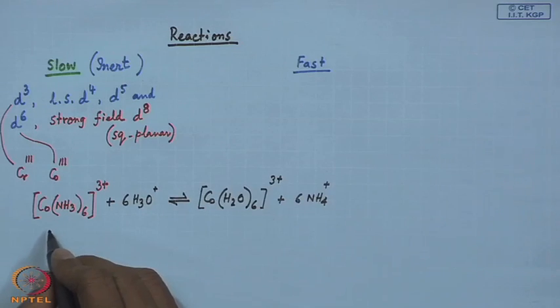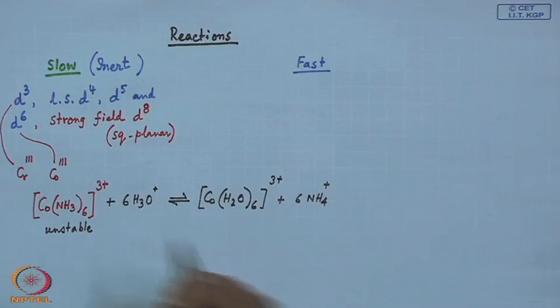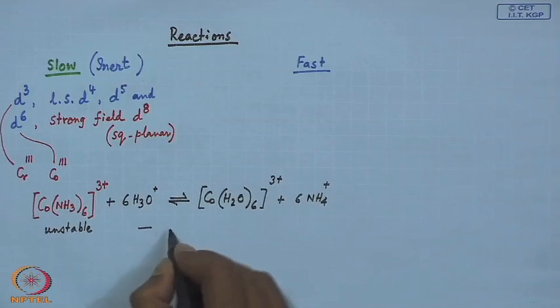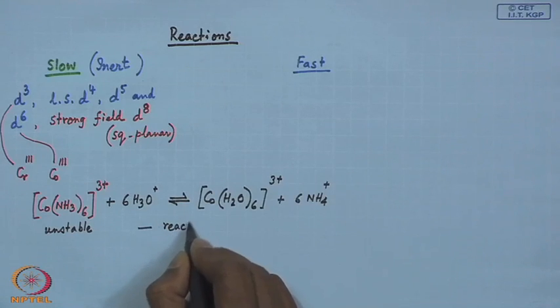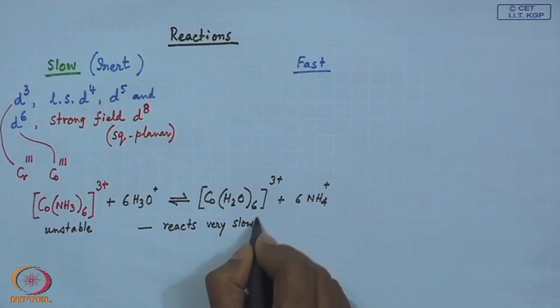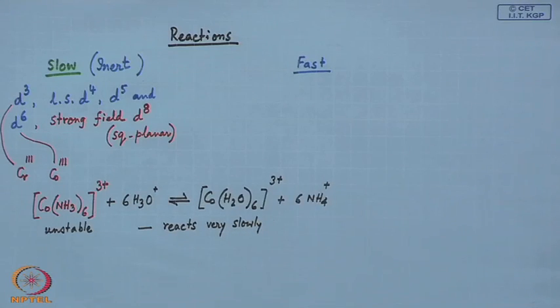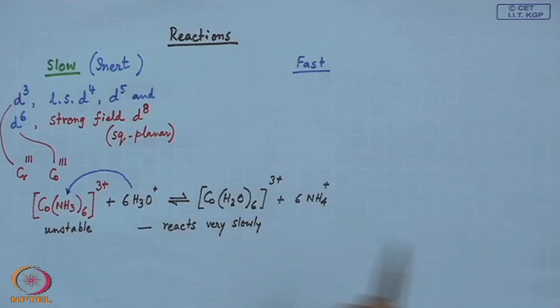This compound is unstable in acid, but reacts very slowly with the acid. The proton is attacking the ammonia ligands, forming ammonium ion.